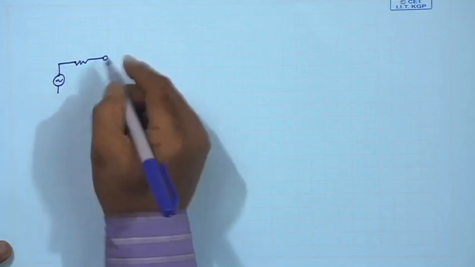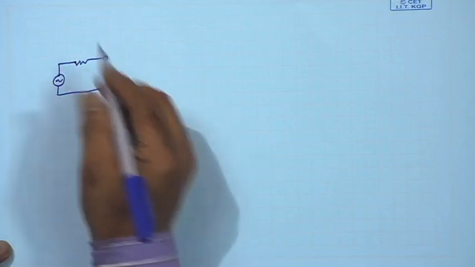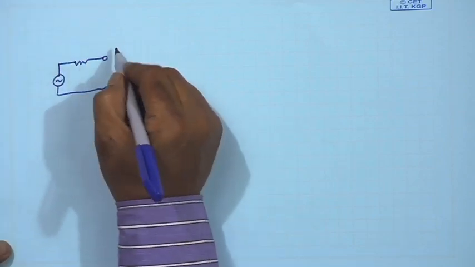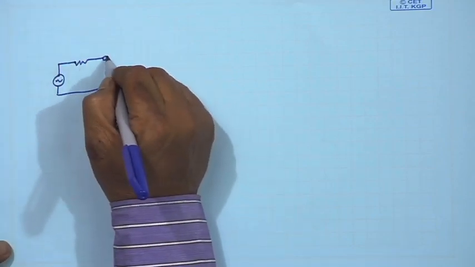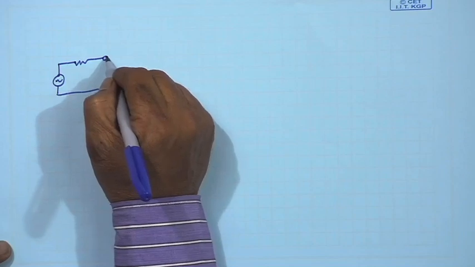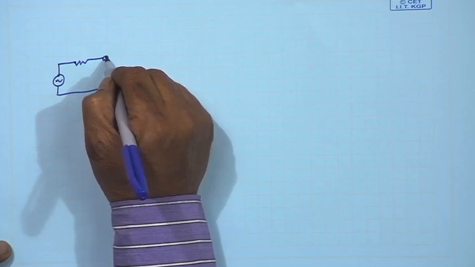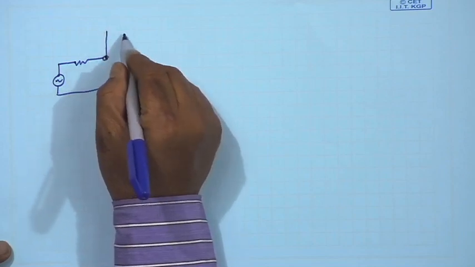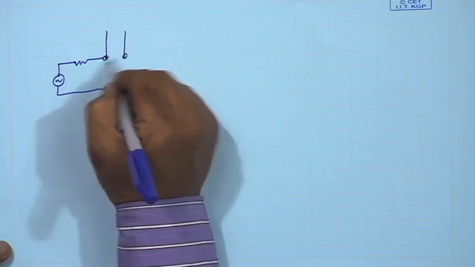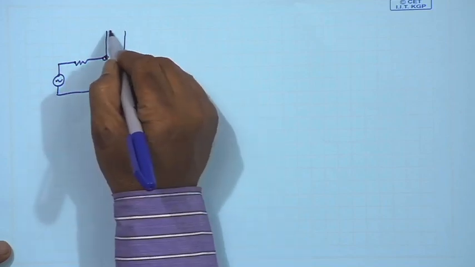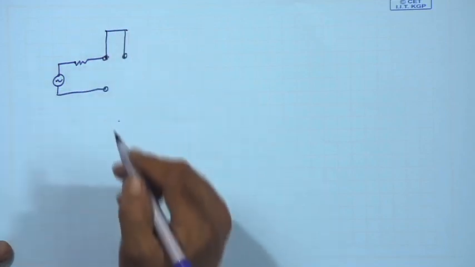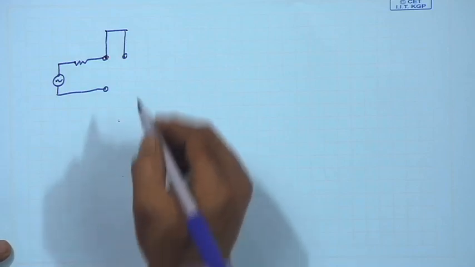Please see your notes that this first one is an L1. So, that is a series stub. I will have a series stub, and that is L1. So, I have to short it.